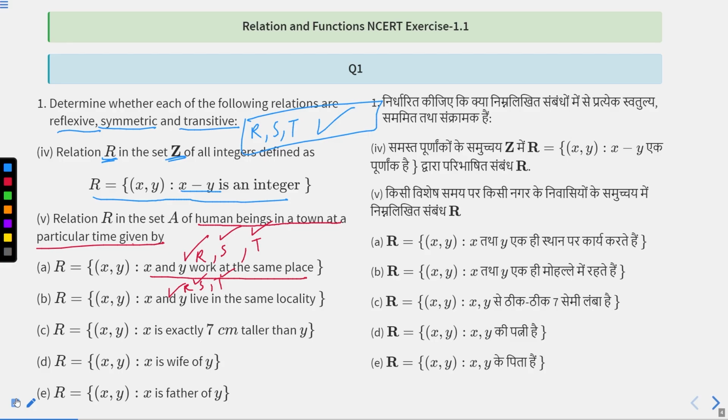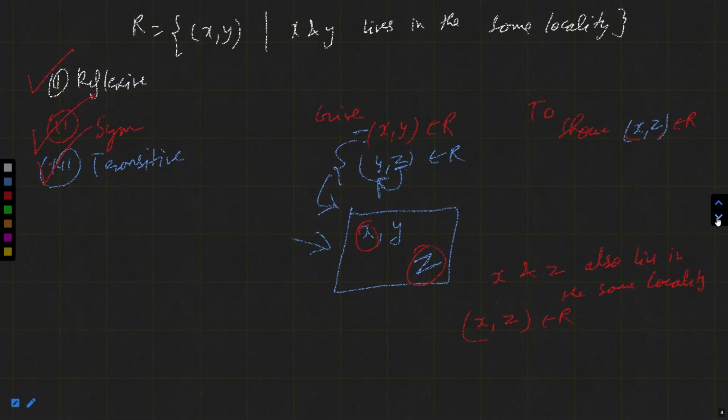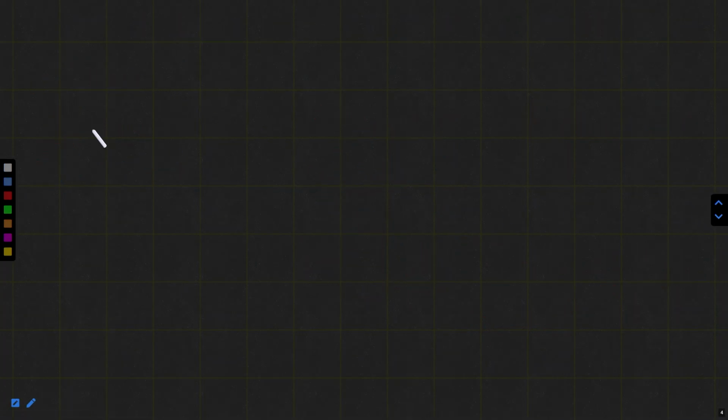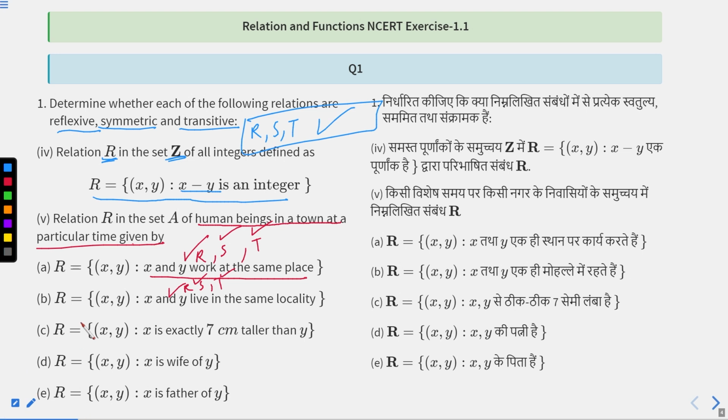Now let's check the C part. What does it say? It says my R is a relation in such a way that for x and y, two persons, x is related to y if x is exactly 7 centimeters taller than y.